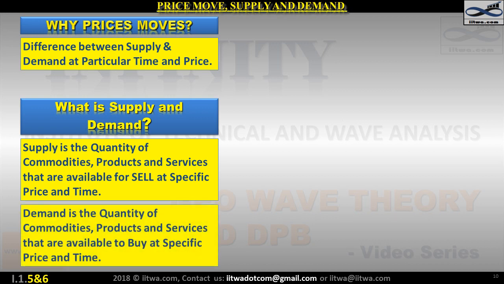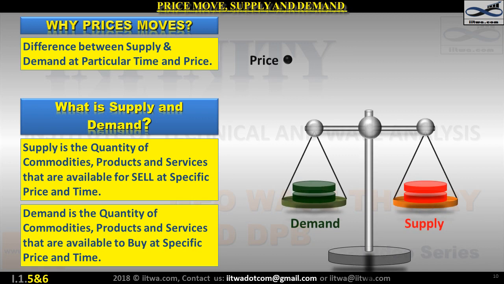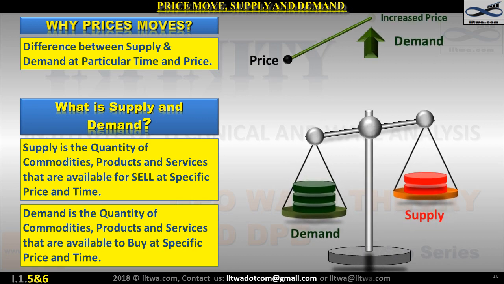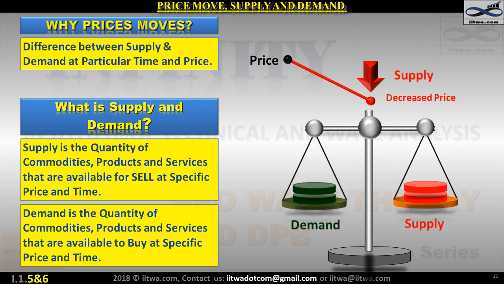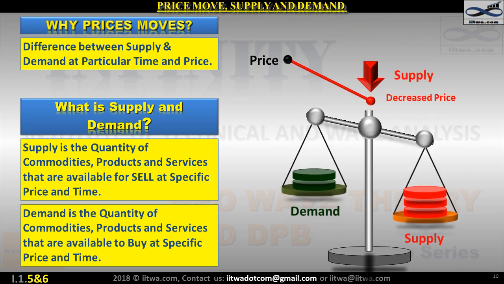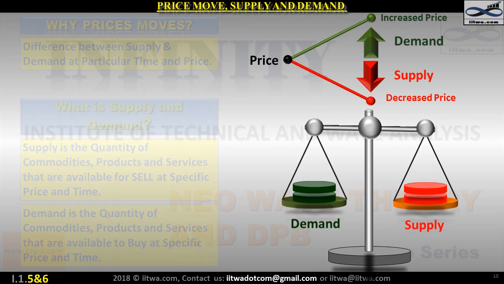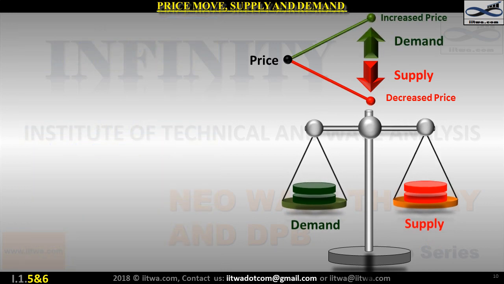Demand is buyers' willingness and ability to buy the quantity of commodities, products, and services at various prices during a given period of time. The difference between supply and demand creates movement in price. That is, if demand is greater than supply, price goes up, and if supply is greater than demand, price goes down. Great. But why is this difference created between supply and demand?